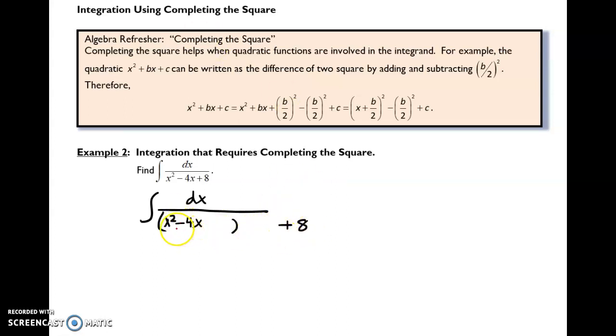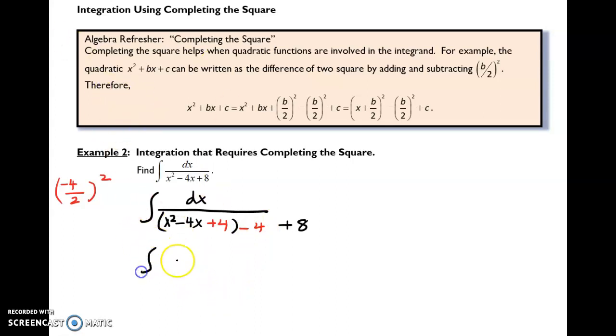So what I need to do is negative 4 divided by 2 squared, b over 2 squared. So negative 4 over 2 is negative 2, squared is 4. So I'm going to add 4 here, but that means I need to subtract 4 outside to balance it out.